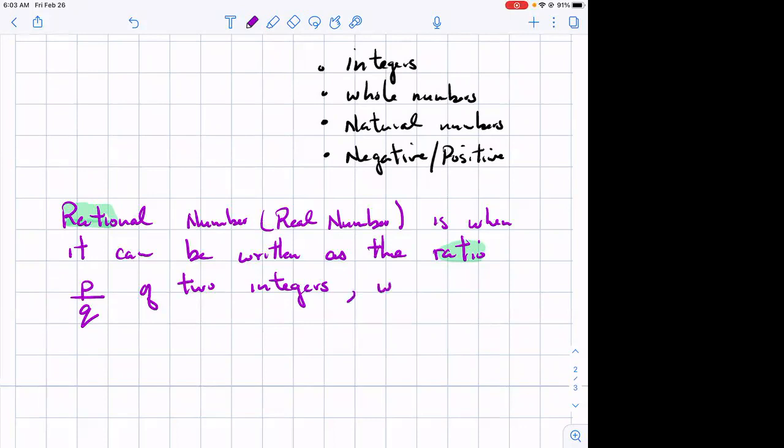And please note where Q cannot be equal to 0.